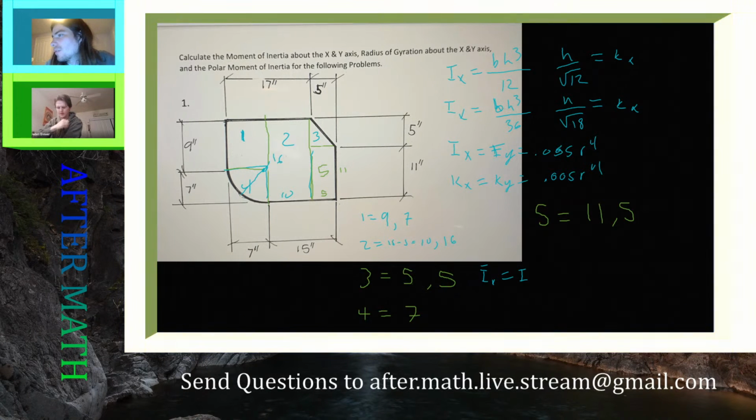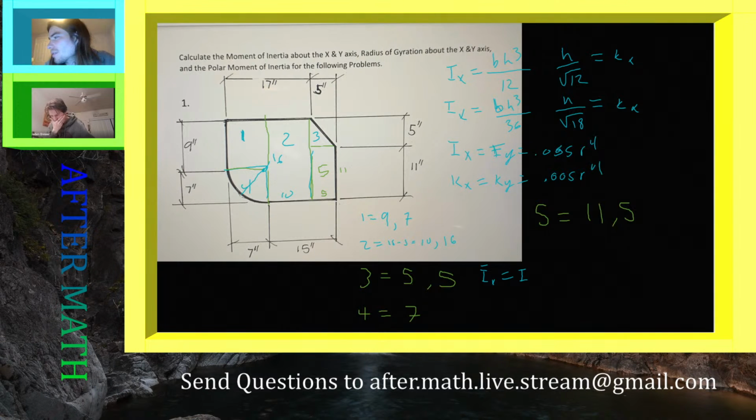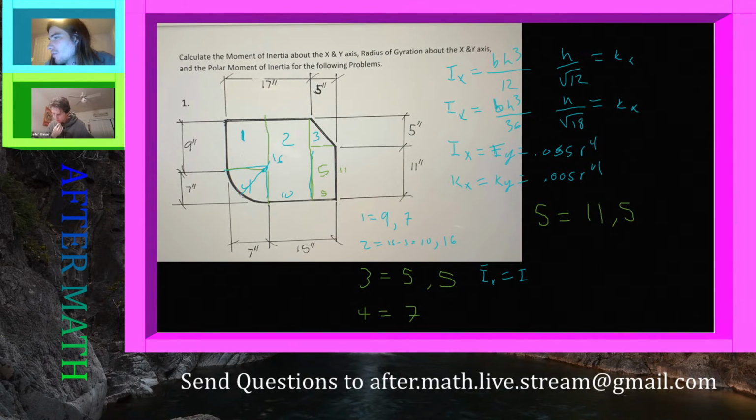I'm looking it up here. What is the I of x in this case? Get the summation of the moment of inertia of all the shapes using the transfer formula.